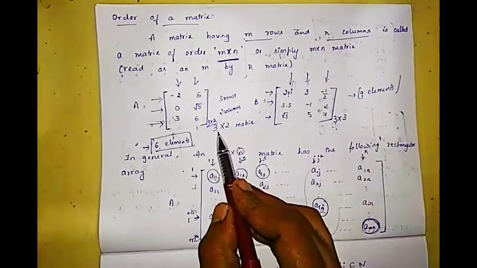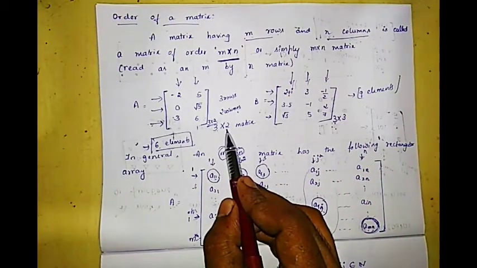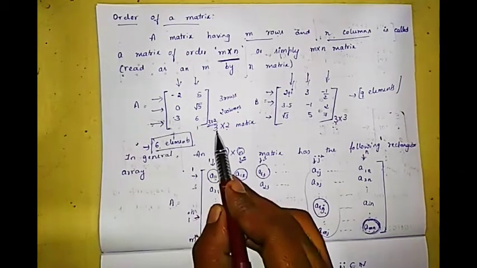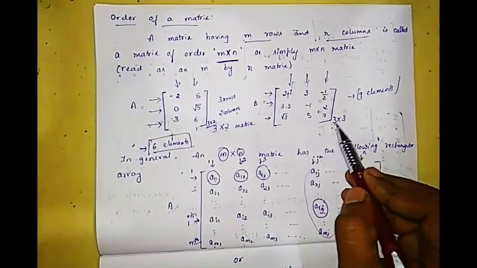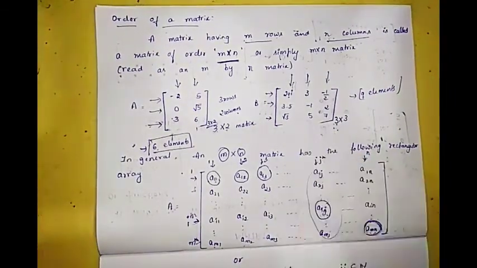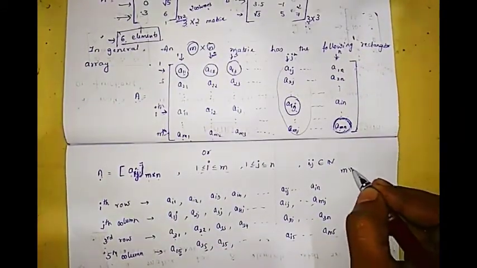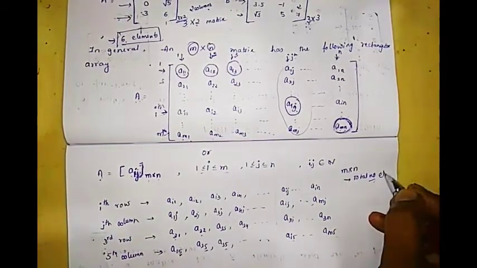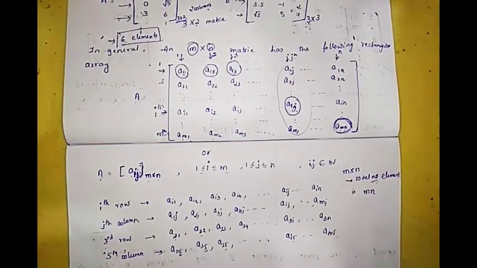So if a matrix has m rows and n columns, then the total number of elements is mn. When it is 3 by 2, there are 3 into 2 elements, 6 elements. When it is 3 by 3, there are 3 into 3, total 9 elements. Similarly, for an m by n matrix, the total number of elements is mn.